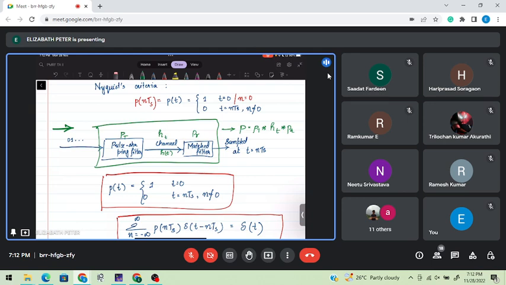There should not be any component from any other signal. So p is in fact the convolution of these three impulse responses. Is it clear?